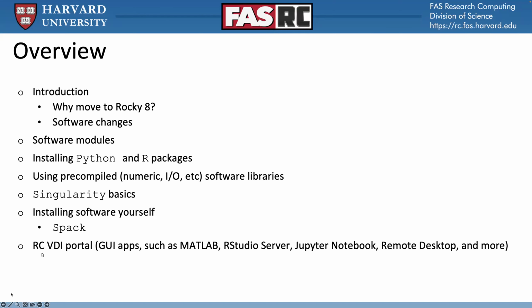And also, we'll briefly mention that you can also use the Open OnDemand VDI portal for GUI apps. If you would like a graphical user interface, Open OnDemand is where you can get that.